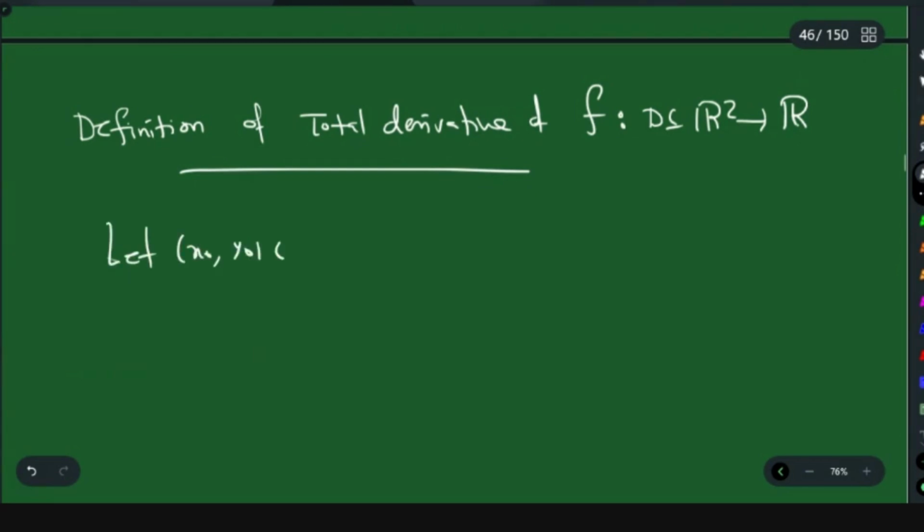Let (x0, y0) be a point in D. The total derivative will usually be denoted by df at (x0, y0). You can observe that this value should in fact be fx at (x0, y0).